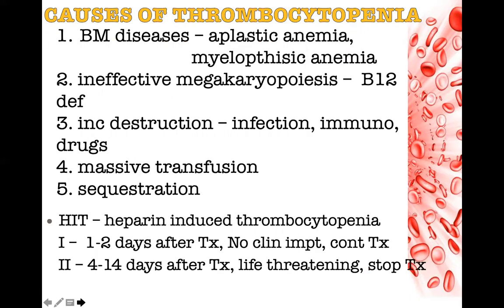So what causes thrombocytopenia? It may be secondary to bone marrow disorders such as aplastic anemia and myeloproliferative anemia. It may also be a result of ineffective megakaryopoiesis like what we see in cyanocobalamin deficiency. It may also be a result of destruction of the platelet like what we see in certain infections such as dengue hemorrhagic fever, or could be an immunologic reaction like production of antiplatelet antibodies or drugs that could possibly produce antibodies to destroy the platelet.